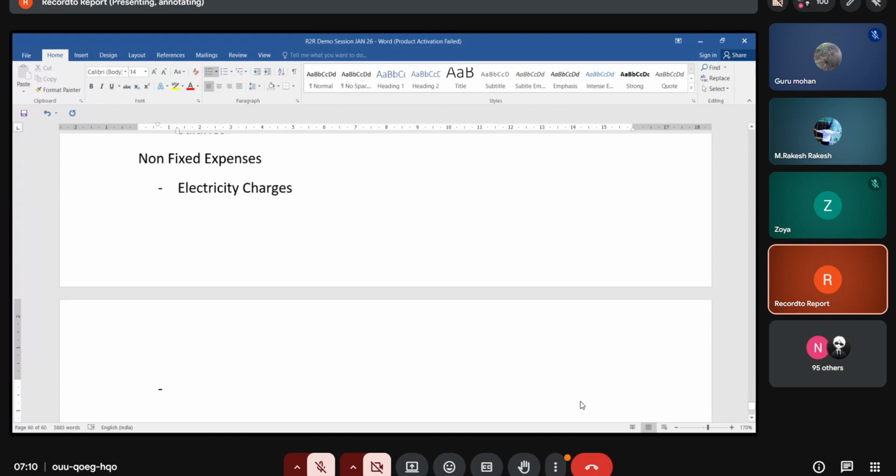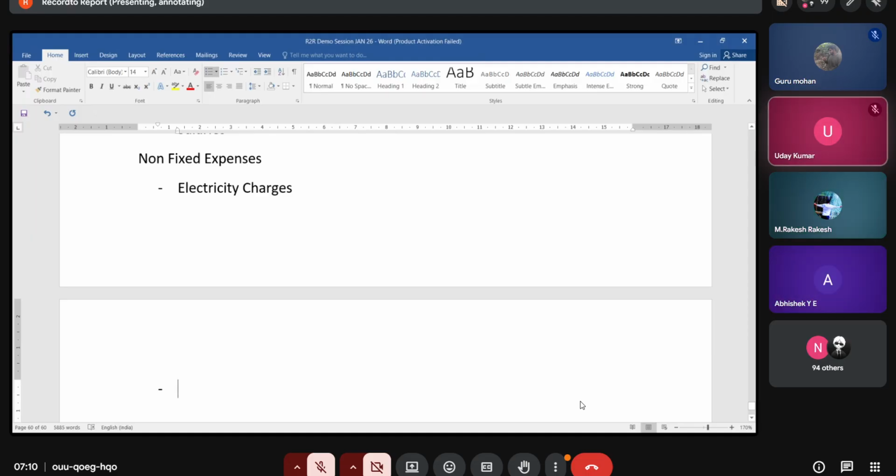And there are internet broadband charges, postpaid broadband charges. Is it fixed or non-fixed, guys? It's a non-fixed expense.